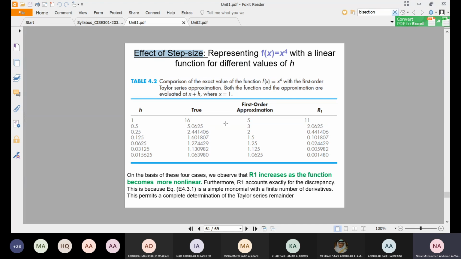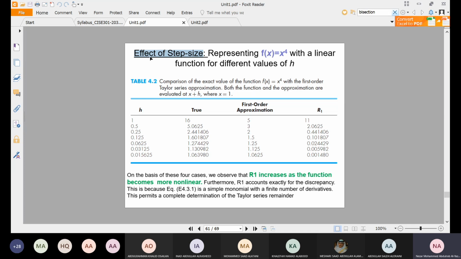This is the true value, and this is the first order, and this will be the error. If we decrease the step size from 1 to 0.5 to 0.25 to here we have 0.125, the error will decrease using the same function.